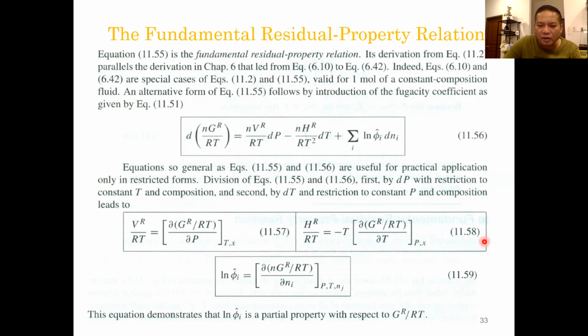This is for constant P and x, change of temperature, and this is when P, temperature and other species are constant but the change is in i. So you can see we're repeating what we have done earlier. It's still the same process.